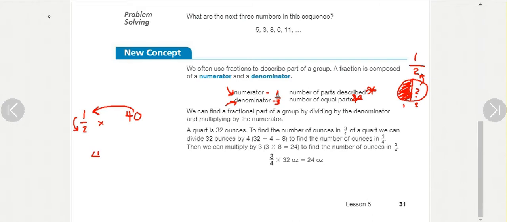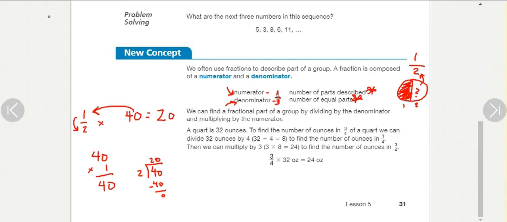See how this looks? 40 times the numerator, 1, is 40, according to the identity property of multiplication. Then 40 divided by the denominator: 2 goes into 4 twice, and we will not have a remainder. So 1/2 of 40 is 20.